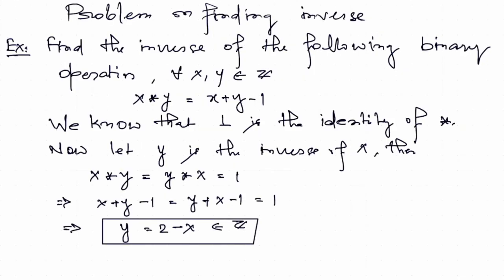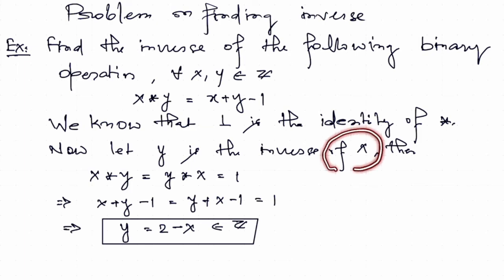Now we will see a problem on finding inverse. So suppose you have a binary operation on Z. You have already seen this. We know that 1 is the identity of this binary operation star. We have already proved this. Now let y be the inverse of x.